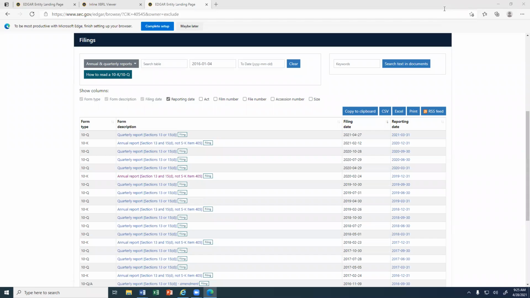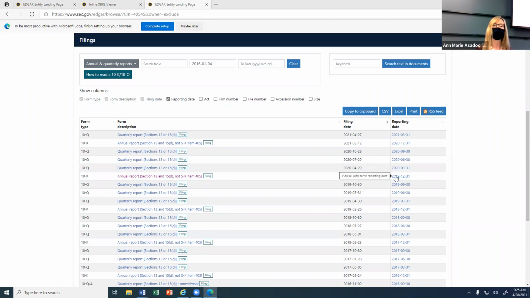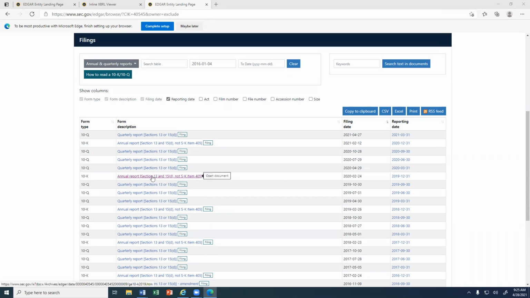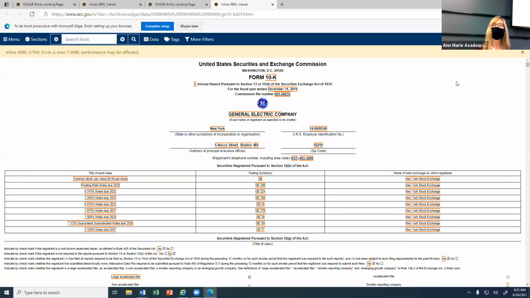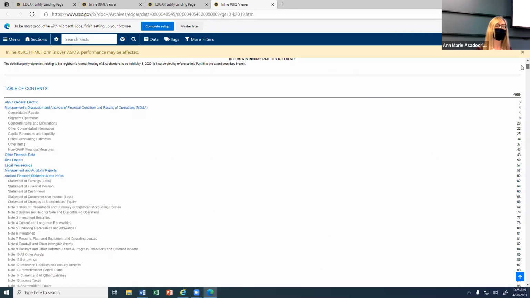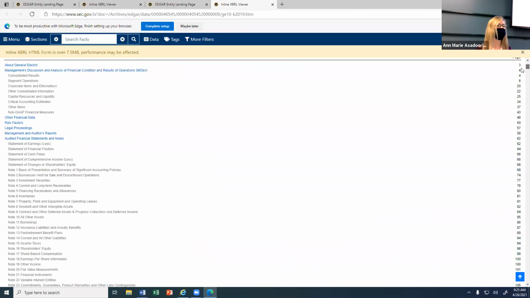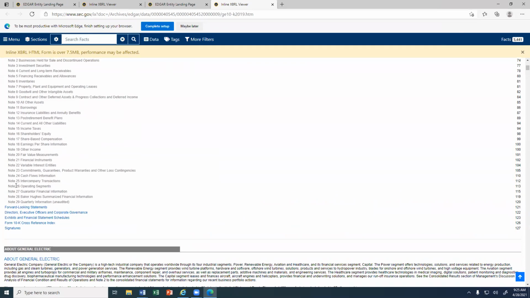What you want is this 10K right here, for the period ending 2019. I'm on that one, yes. If you're in there, it'll bring you right to the 10K. Here's the table of contents, here's your financial statements, and if you go all the way down to the notes, here are all the notes that go along with those statements. Number 26 here is operating segments. Okay.